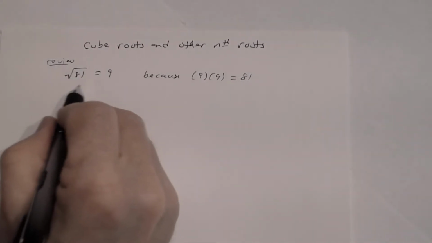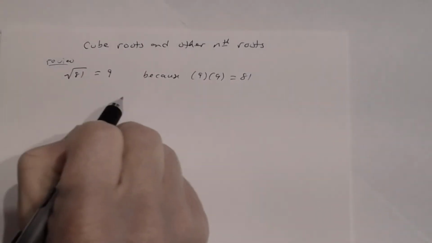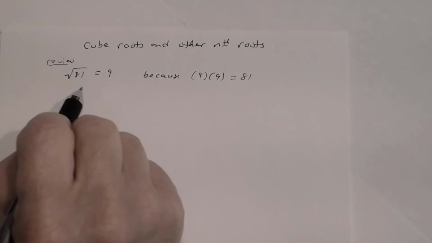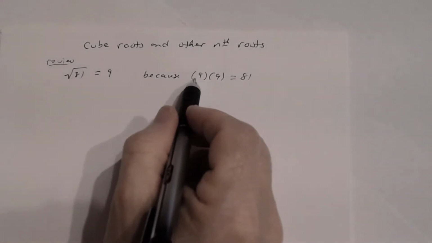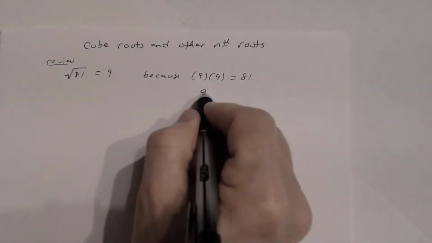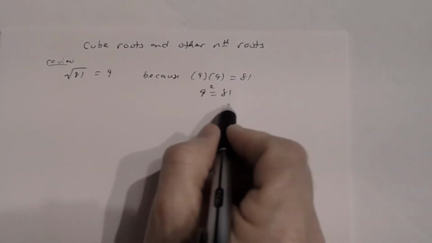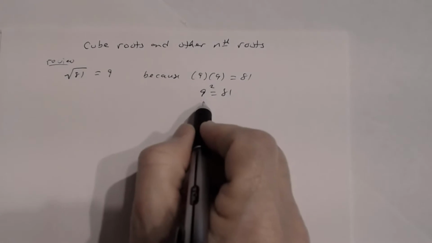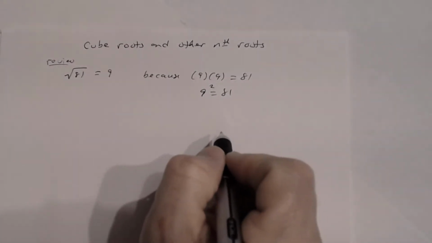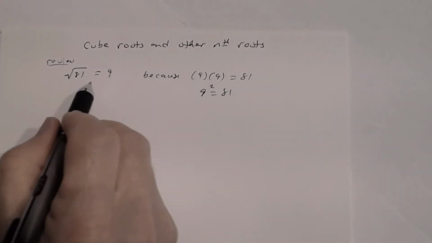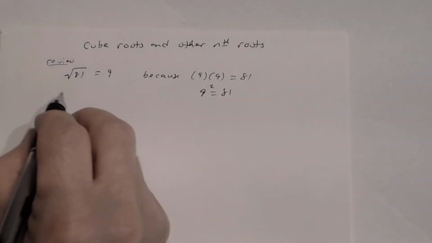The radicand here is 81. So remember the square root is a reverse of squaring. And so if you have 9 squared equals 81, then if I take the square root of 81, I'm going to get the base here. I'm going to get 9 back. Okay? And so we're going to use this idea when we talk about cube roots.